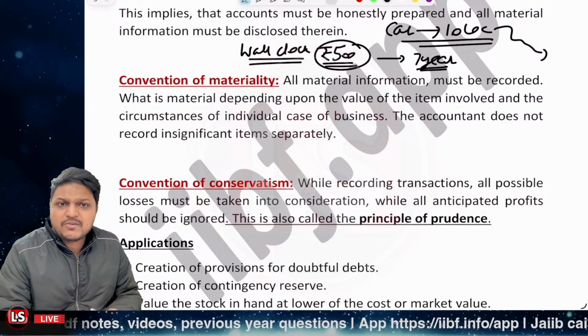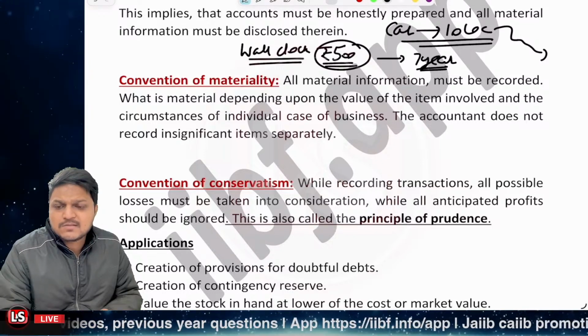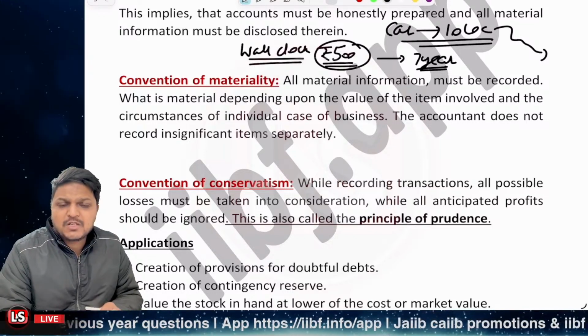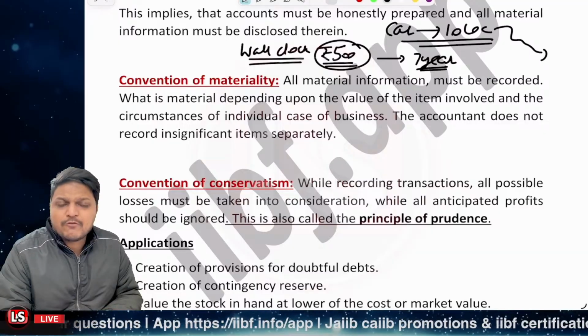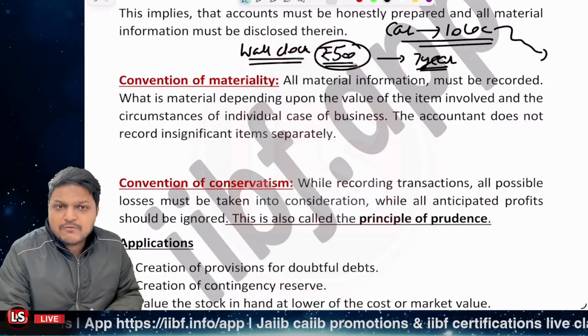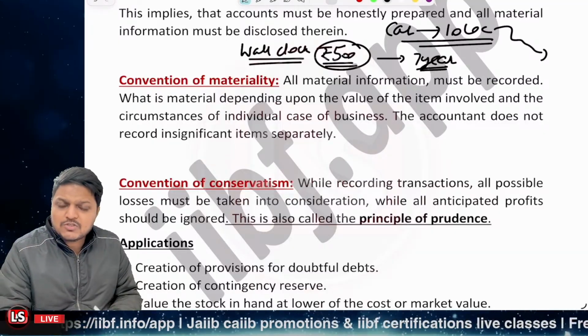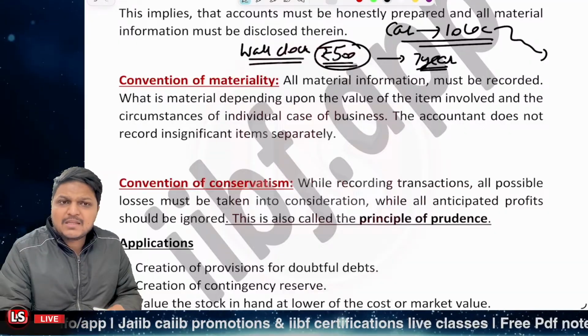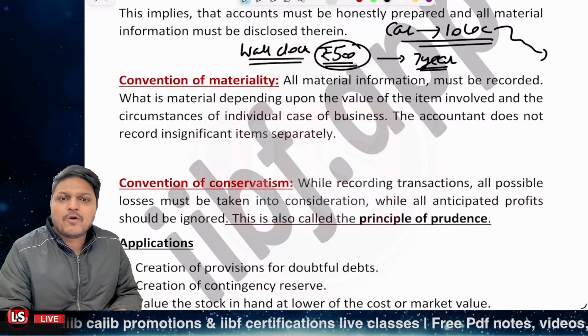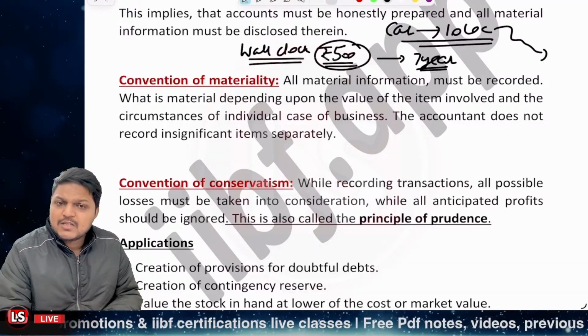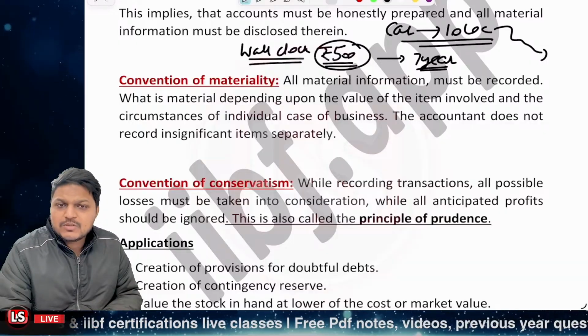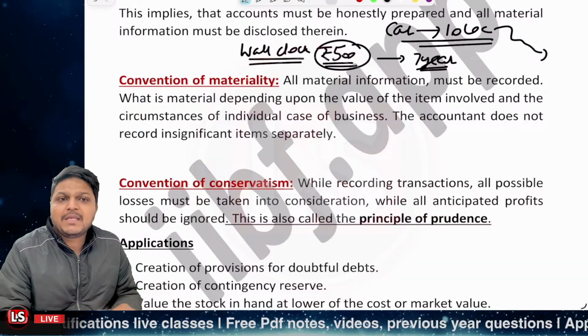I can just consider it a stationery expense or some random expense, but not related to a fixed asset. I won't be booking it under fixed assets. I won't be charging depreciation on it, because it will be making the books unnecessarily voluminous, right? So that is not required at all. So that's the convention of materiality.